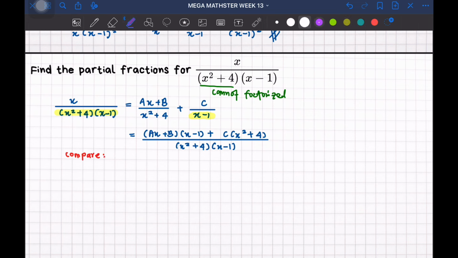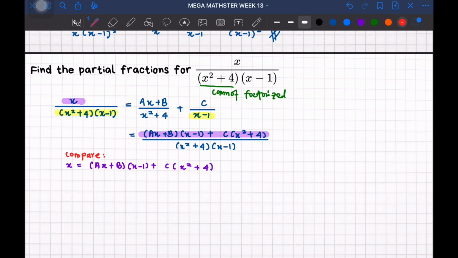We are going to compare the numerator with numerator because we already have the same denominator, so we only take the one that is not the same. So we have numerator x equal to ax plus b times x minus 1 plus c times x squared plus 4.